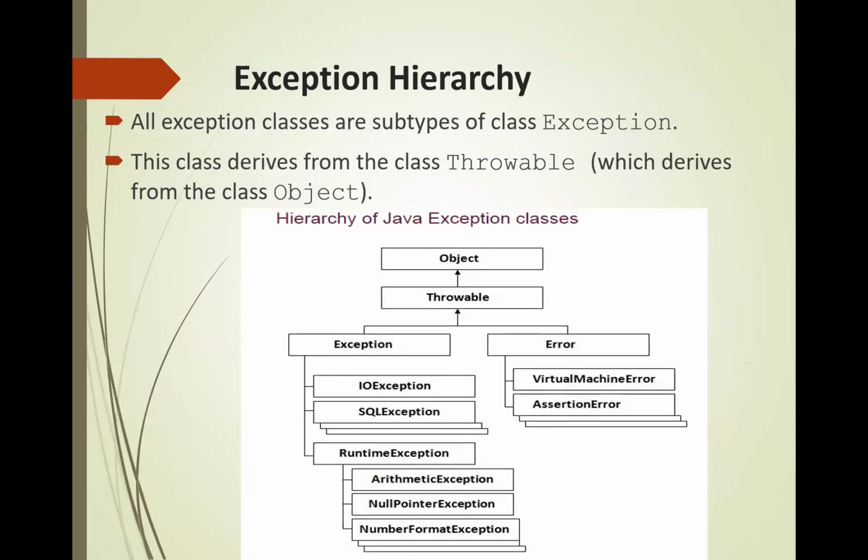Now this is what we discussed. In the Java language, Object is the superclass. Then we have the Throwable class. Under Throwable, we have exceptions and errors. If it is an error, it cannot be recovered. If it is an exception, we have checked exceptions and unchecked exceptions. Checked exceptions are checked during compile time, but unchecked exceptions happen during runtime.